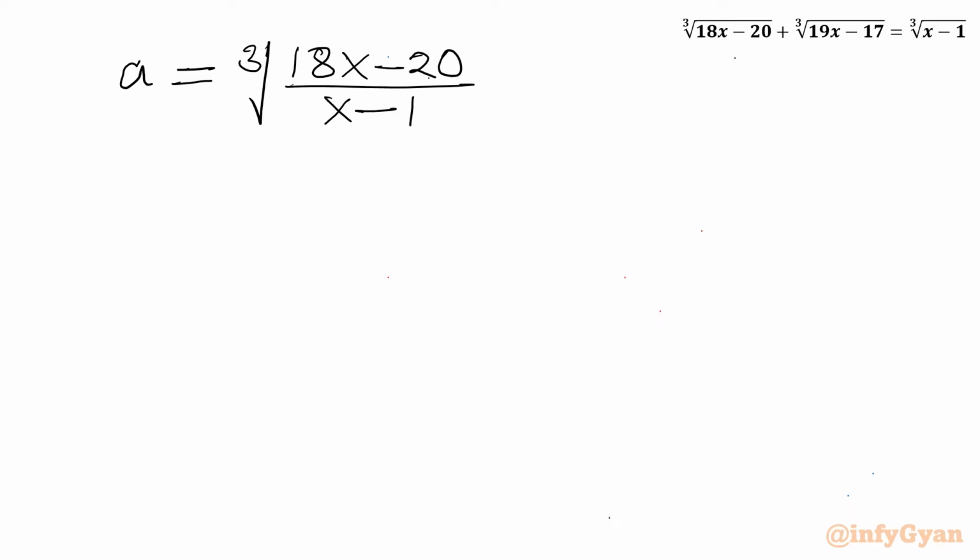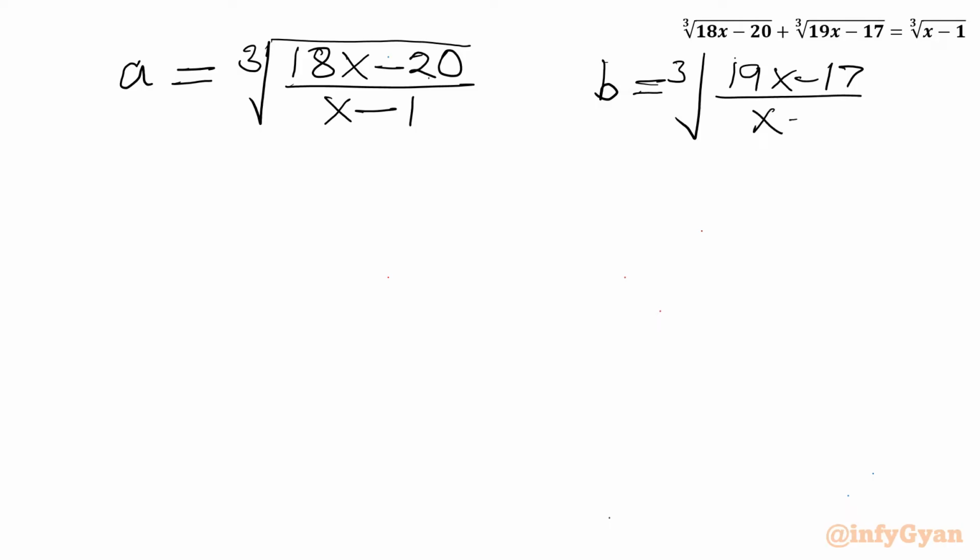Now a was equal to cube root of ((18x minus 20) over (x minus 1)) and b was cube root of ((19x minus 17) over (x minus 1)).